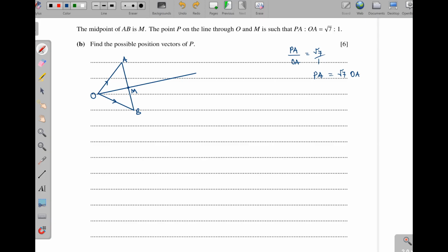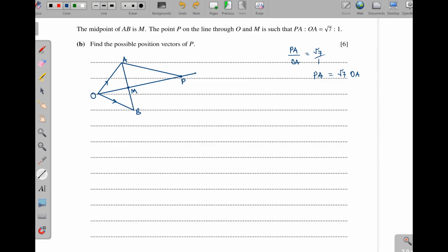So if I put, let's say, P is around here, PA and then OA, by just looking at this one here, this one is bigger than this. So it can be there.